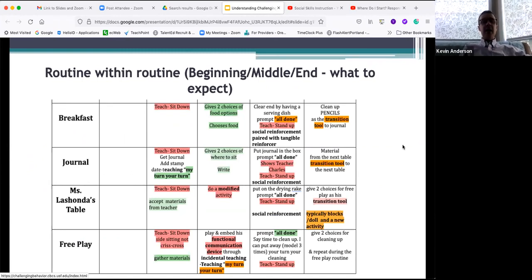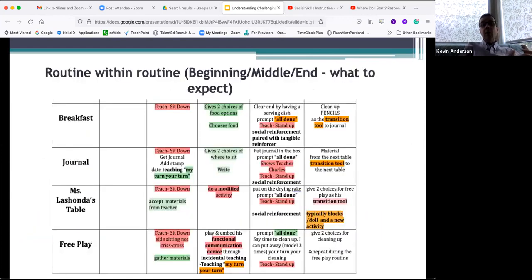All of the strategies, so I'm going to talk about routines within routines, which is another phrase that we use a lot in our program. Ultimately, what we're talking about is how do we build those prevention strategies? How do we build a classroom environment where challenging behavior is less likely to occur?